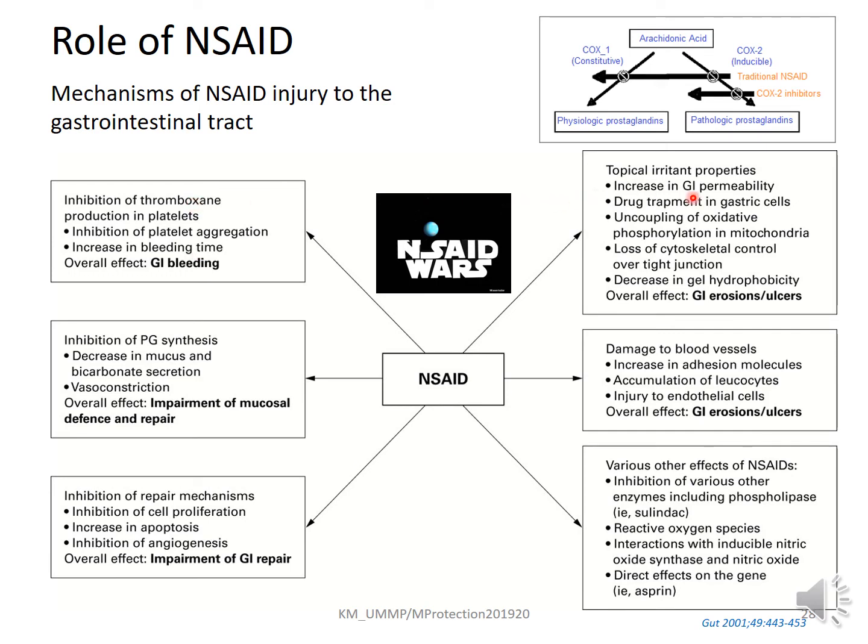They act as an irritant and damage the blood vessels, and they have various effects like inhibition of other enzymes like phospholipase, reactive oxygen species, interaction with inducible nitric oxide synthase, and direct effects on genes.